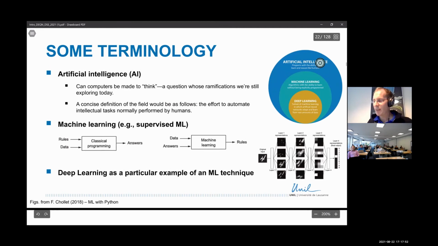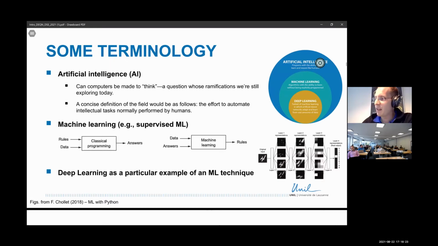Okay, so let me now, in the next step, first introduce some basic terminology of machine learning, from which we then move on to deep learning. In daily life there's typically a bit of a mix of terminology, so let me put that straight here.